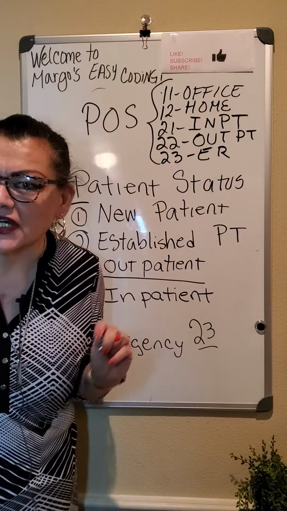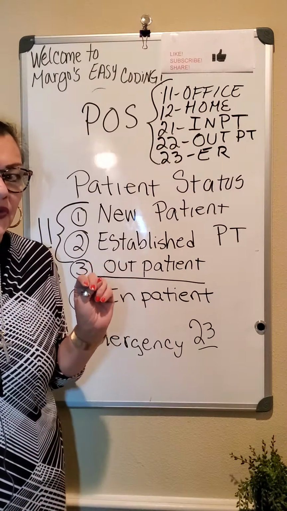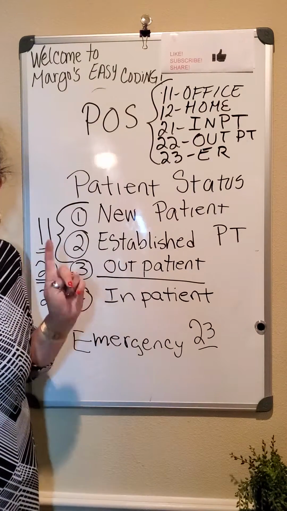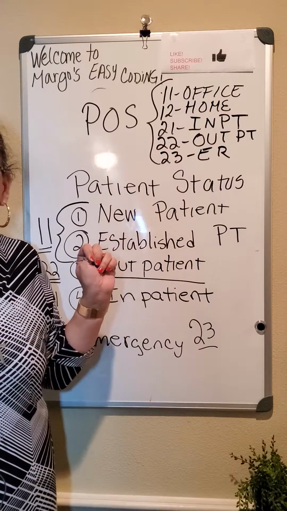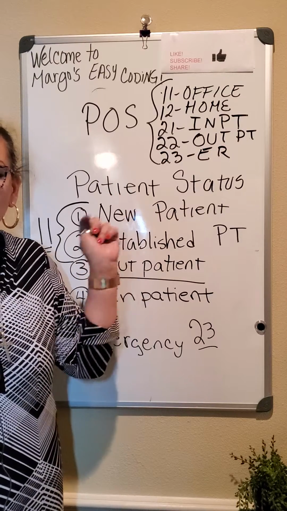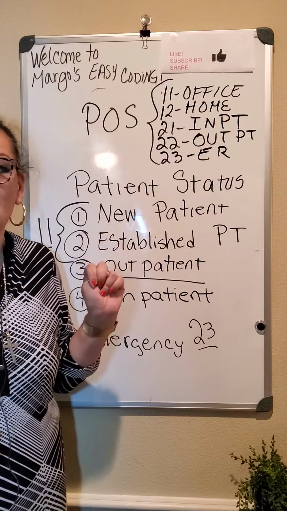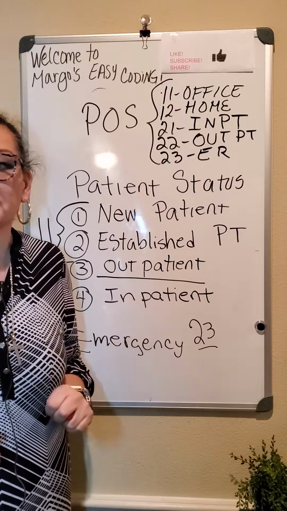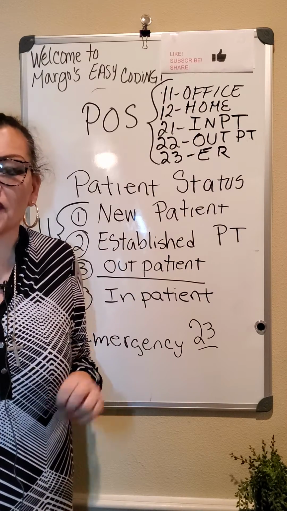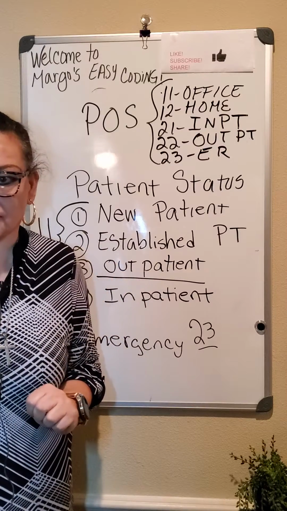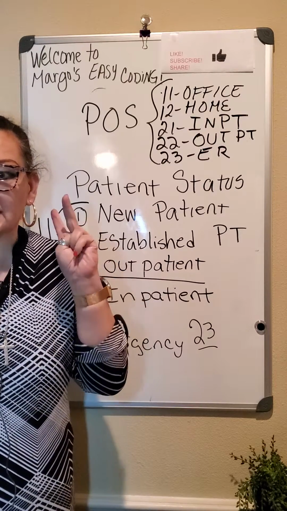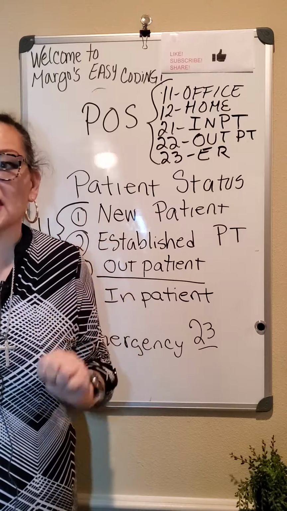How many digits are in the place of service codes? 2. The most common: 11 office, 12 home, 21 inpatient, 22 outpatient, 23 emergency room. There are 4 patient status: new, established, inpatient, outpatient.